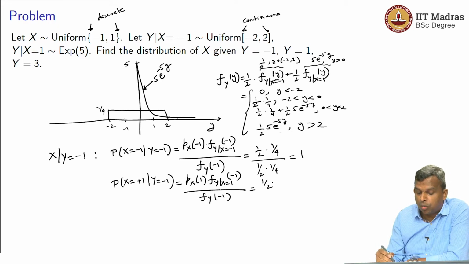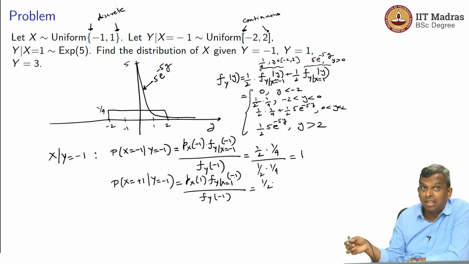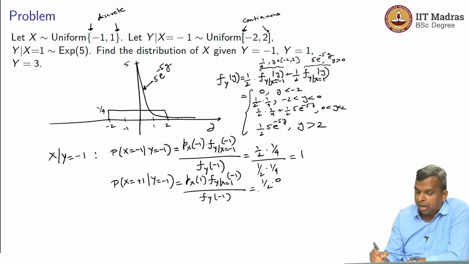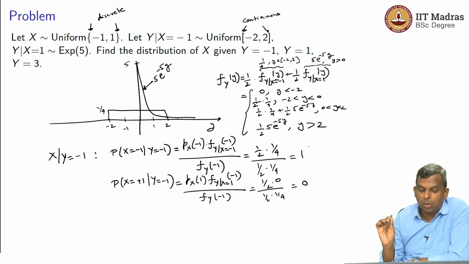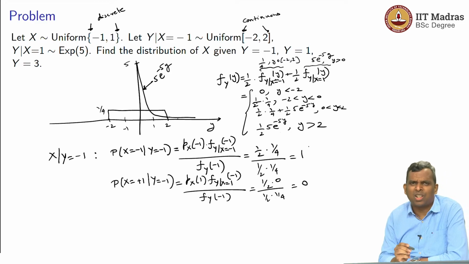The conditional distribution of y given x equals +1 is the exponential density, and at -1 it is 0. Okay, so it's half times 0 over half times 1/4, and that's 0. Okay, so the conditional distribution of x given y equals -1 is actually, there is no distribution here, it's a constant. It's equal to -1 with probability 1. Okay, now that makes a lot of sense, right?